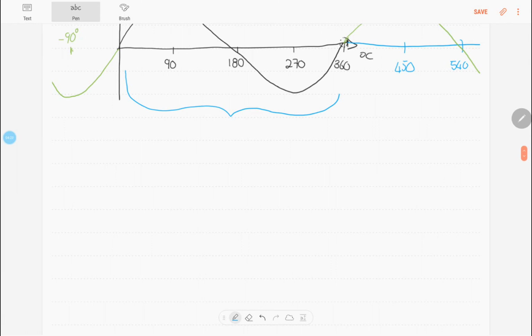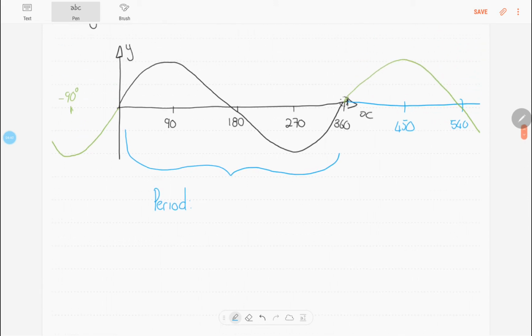So we're going to introduce now one of those terms that I spoke about earlier, and that's our period. Our period of our graph is how long it takes for our graph to start repeating itself, or to complete one wave function. It looks very much like a wave function. I don't know if you've seen it in physics. Otherwise, it just kind of looks like a wave, like back at primary school when you'd draw waves of water. So it's a wave function, and that means it repeats itself. So our period for our sine graph is 360 degrees.